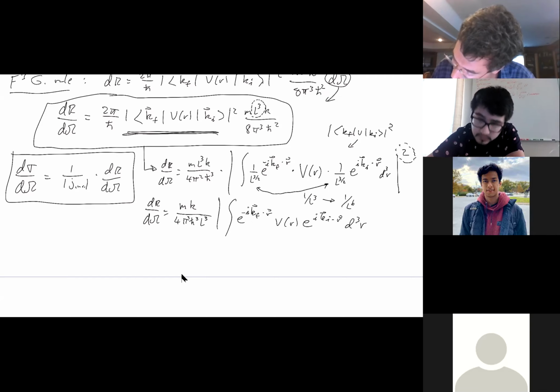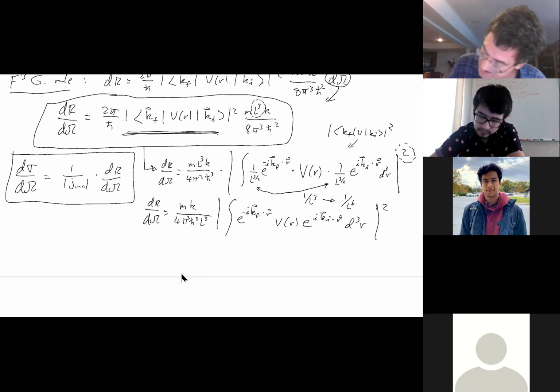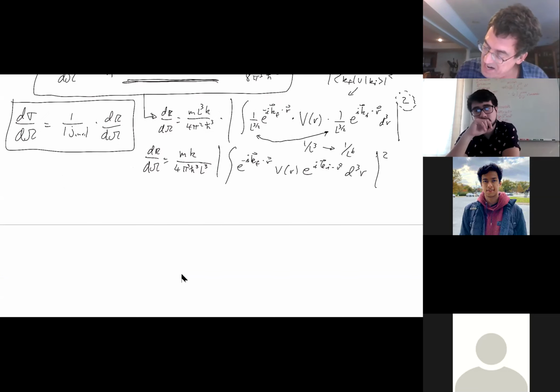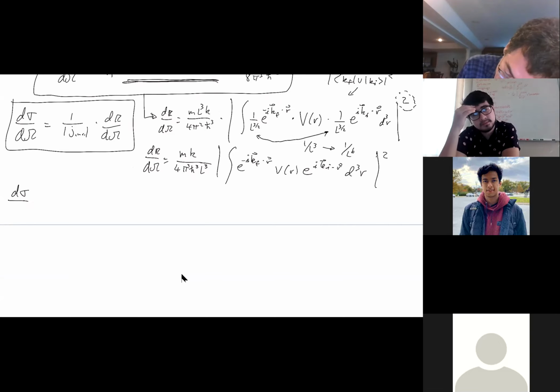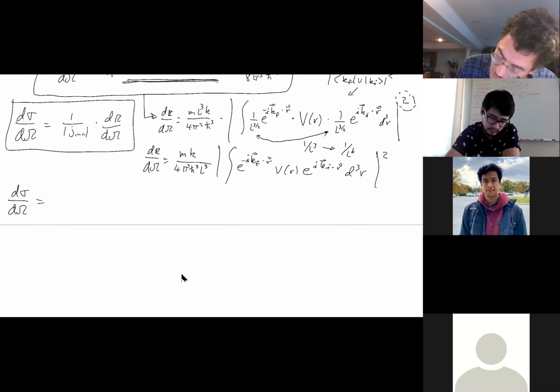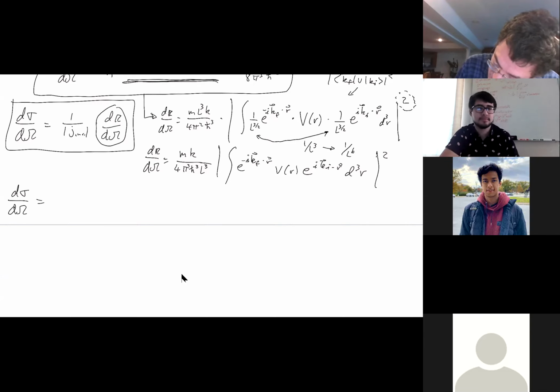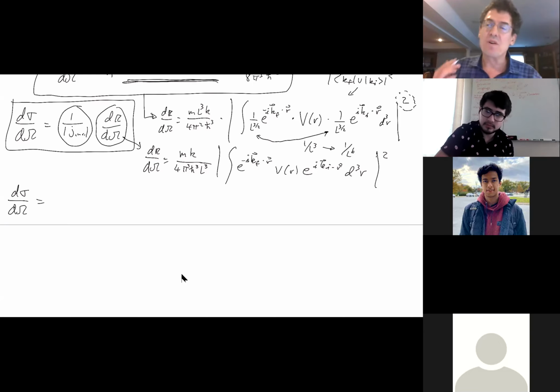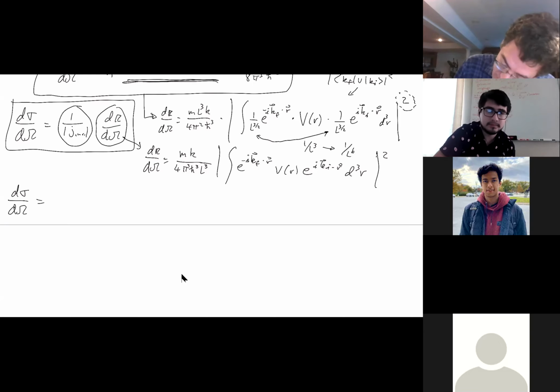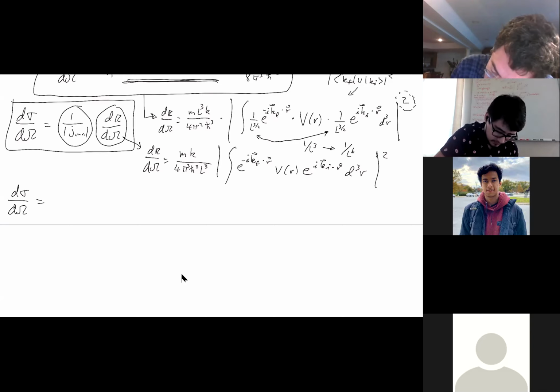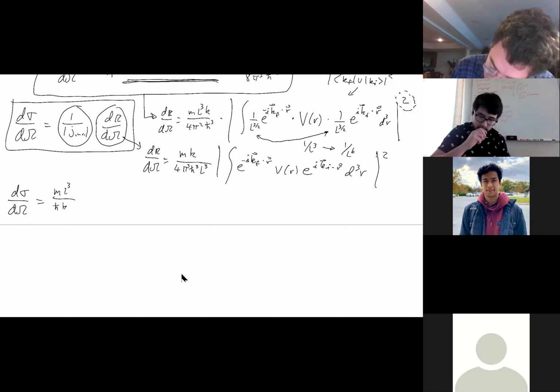I think it's nice, it's fun to see how all these factors work out. I think this is actually useful. But then you see that to get d sigma d omega, I have to multiply this factor times 1 over j incident. And 1 over j incident is going to be m L cubed over h bar k.